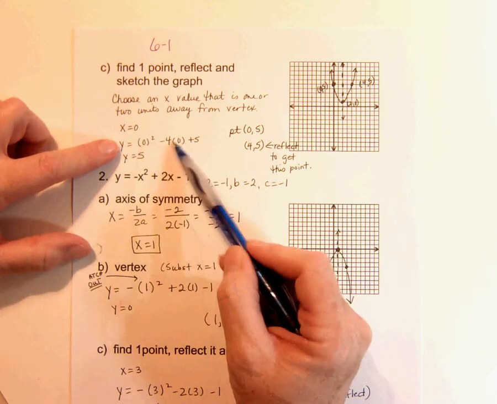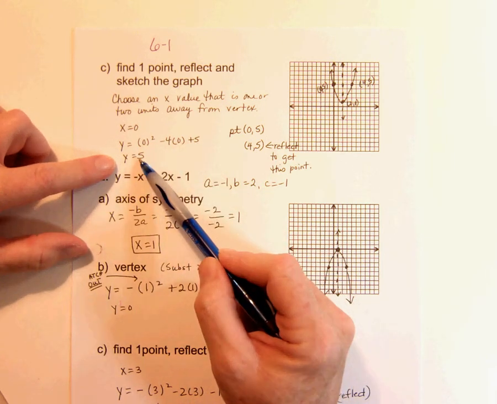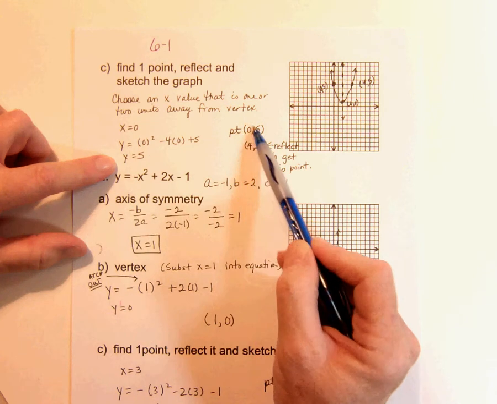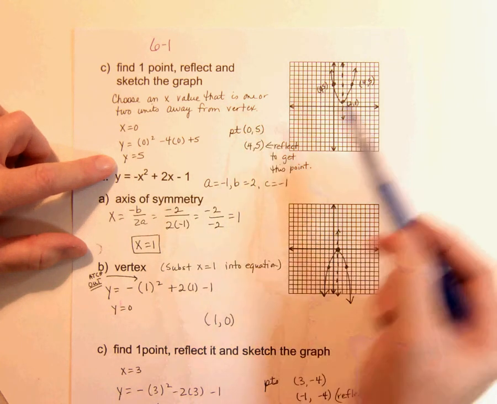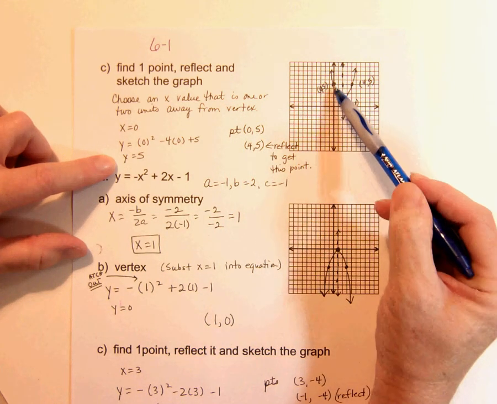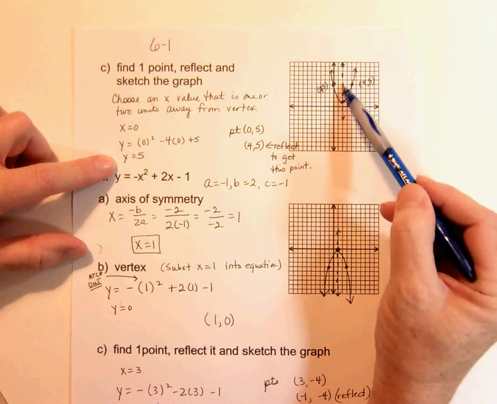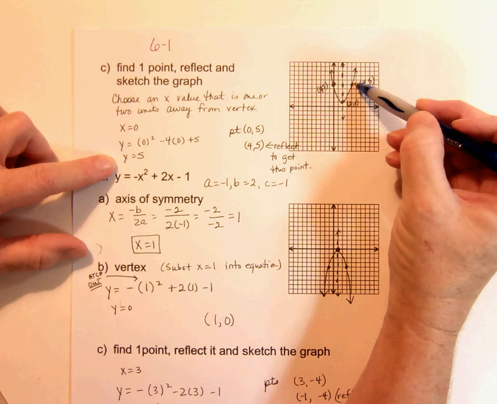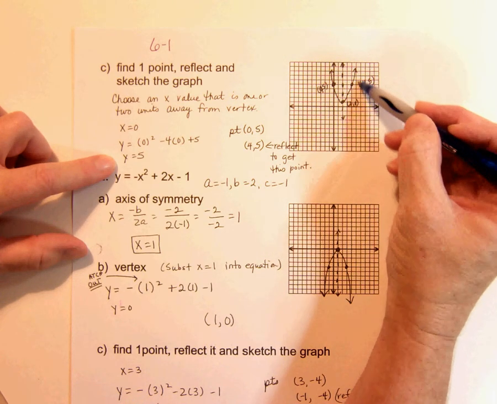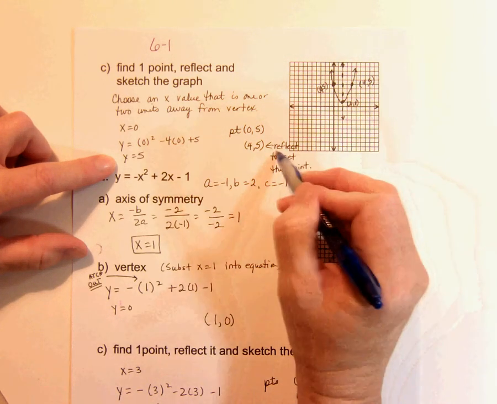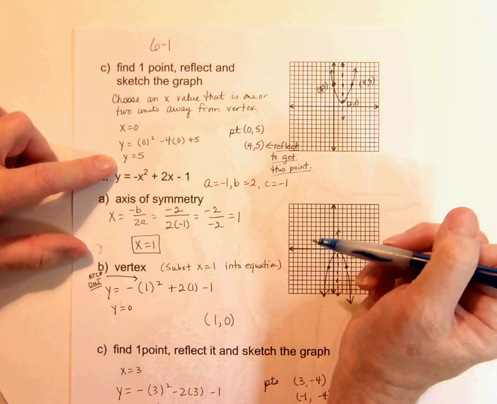Plugging in a 0 would give us just a 5. So one of the points would be at 0, 5. That's 2 away from the axis of symmetry. So then from the axis I would go 2 points in the other direction, and that's also going to be a point, because they're reflected to get the other point.